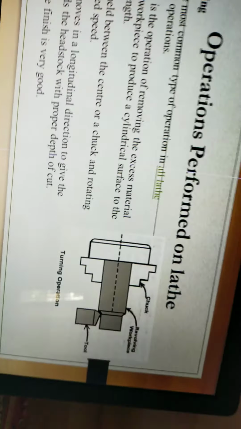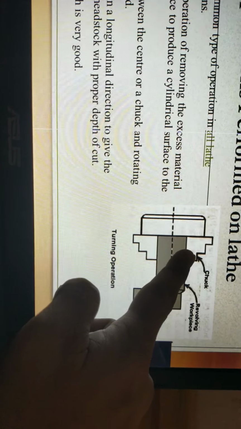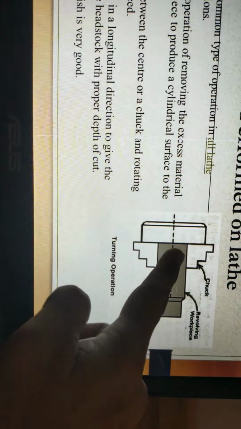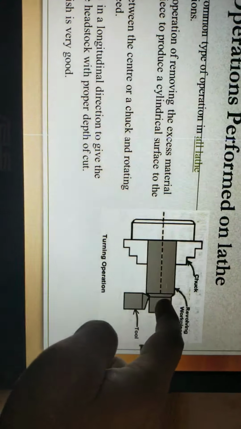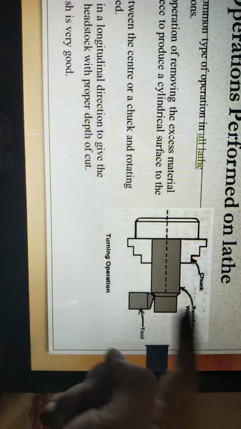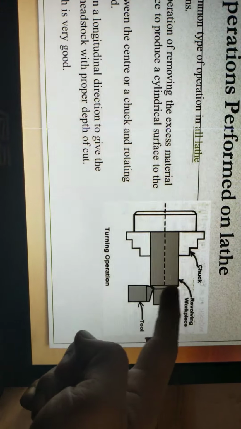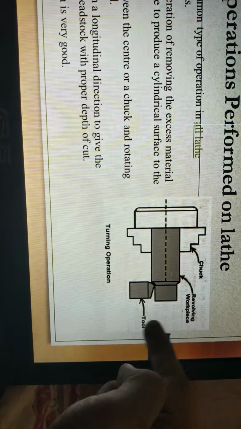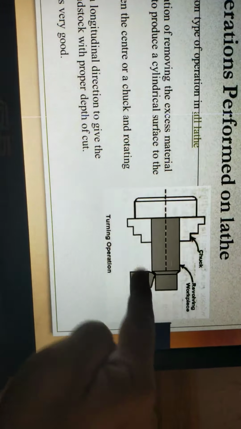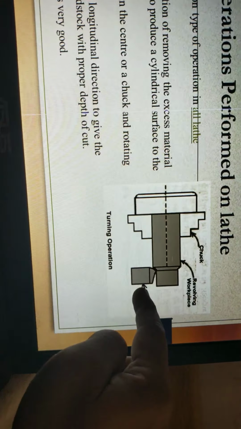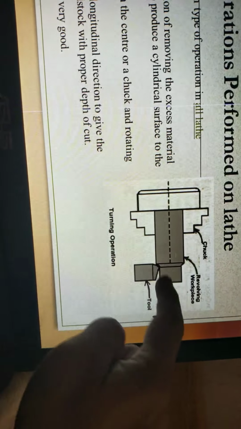See, figure is there. In that figure, you will see that this is going to be a spindle. On the spindle, its headstock chuck is there. On that chuck, this workpiece is held. This is having a rotary motion. This is a revolving workpiece, and the tool is moving longitudinally along the axis. Axis of the workpiece is here.